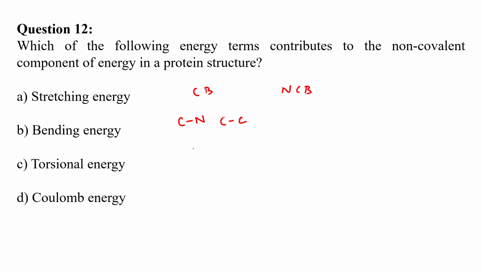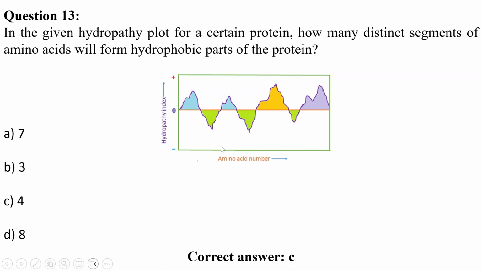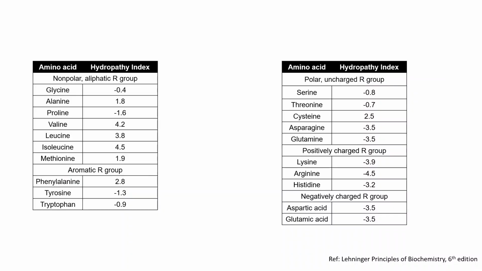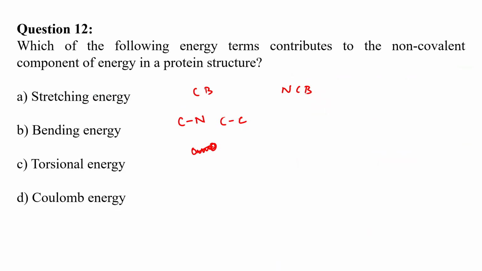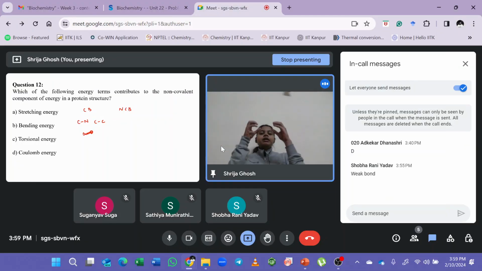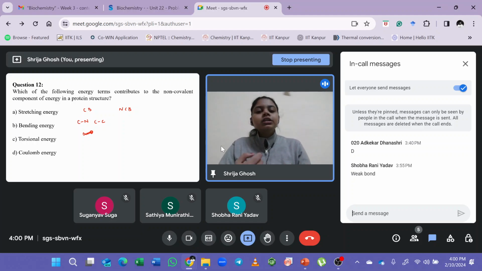Now if you have any bond between two atoms, the bond will be basically like a spring. So let's say I have two atoms held together by a covalent bond. That bond can actually stretch or retract. So that stretching frequency will lead to an energy called stretching energy. So stretching energy is an energy term for covalent bond.